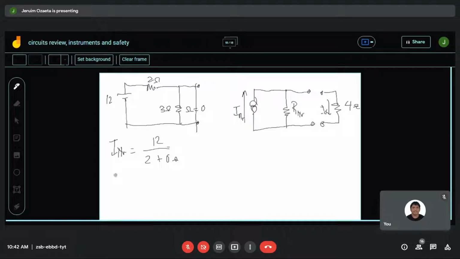Okay, so the Norton current equals 6 amperes. What is now the Norton's resistance? We will short circuit the source.